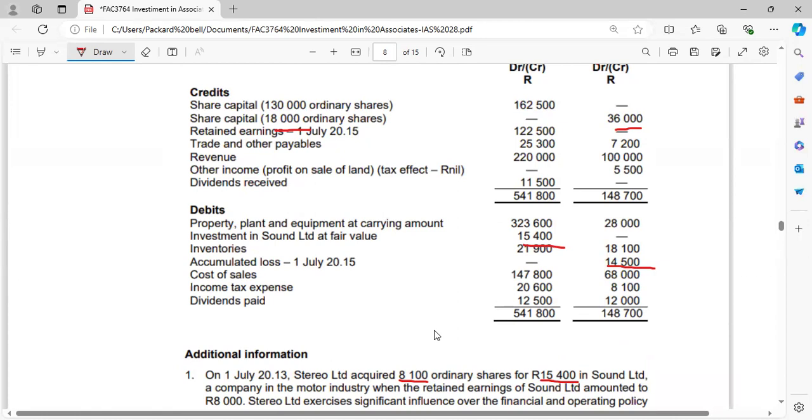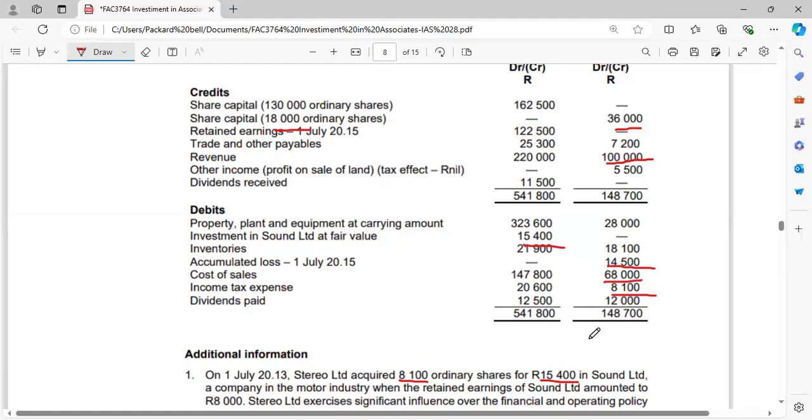Remember, they share the profit for the subsidiary. So there is revenue of 100,000 here, income tax of 8,100. Where is the cost of sale? Cost of sale of 68,000. So they have to share this revenue.